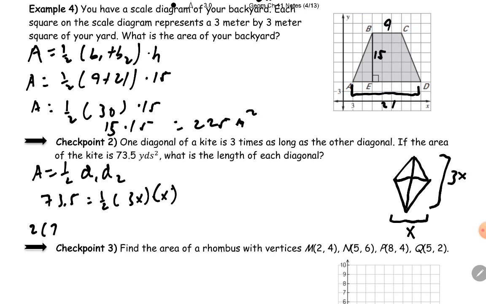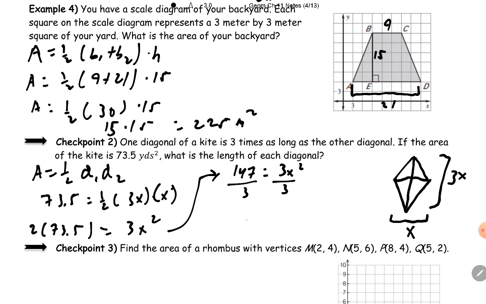So I have 2 times 73.5, the half goes away, and I'm left with 3x squared. This will change into 147 equals 3x squared. Divide both sides by 3, and we'll get x squared equals 49.